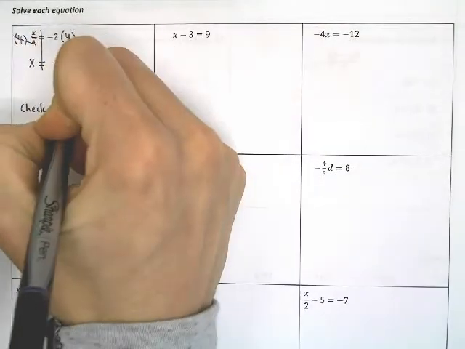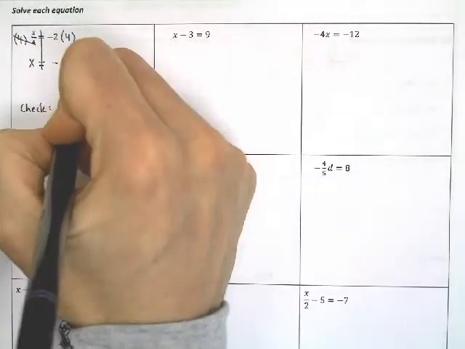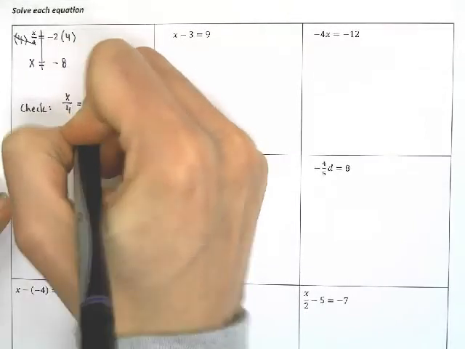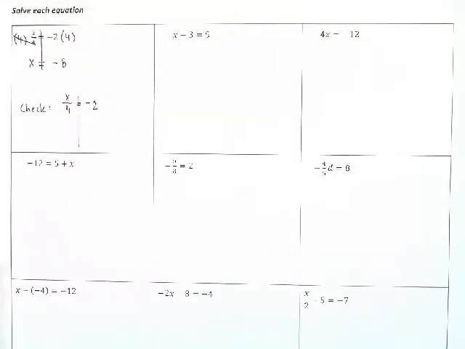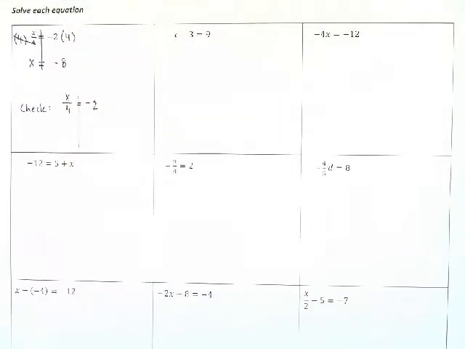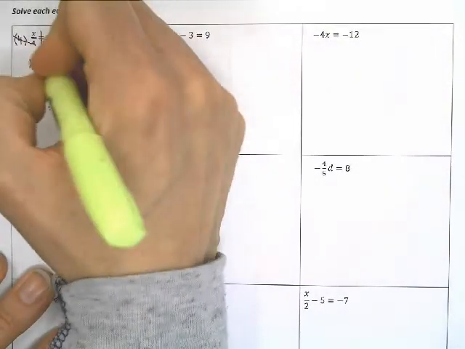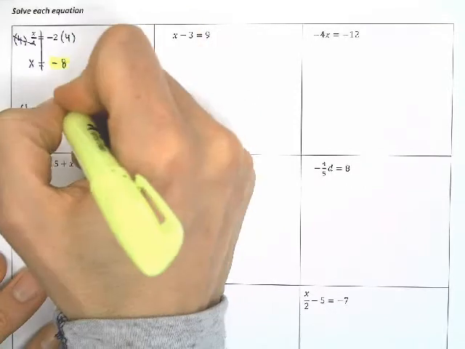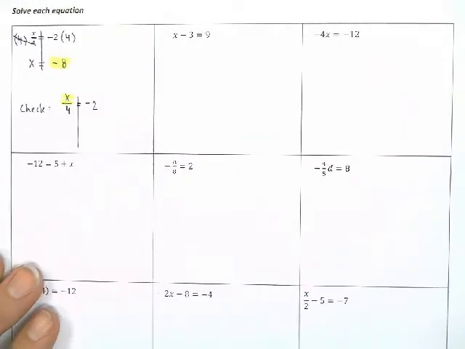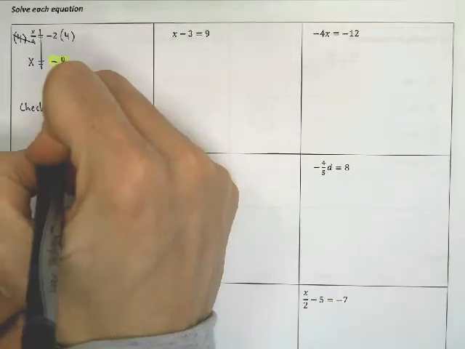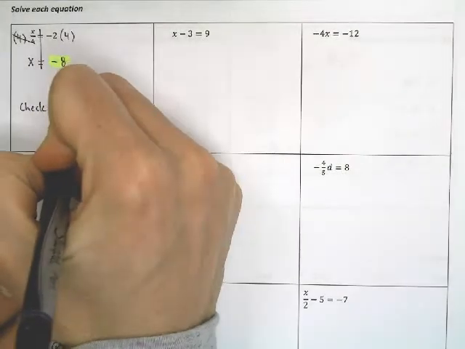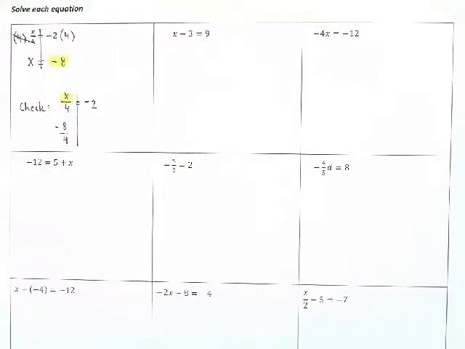So my original equation was x over 4 equals negative 2. I know that to check my answer, I need to take my solution, my negative 8, and replace the x with that negative 8. So in my check step, I'll have negative 8 over 4.